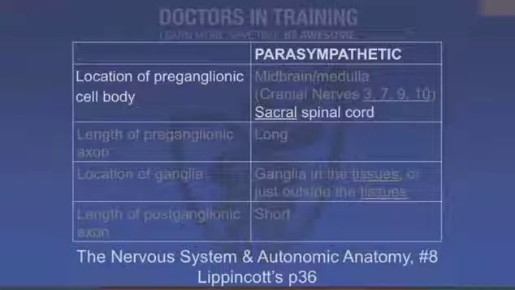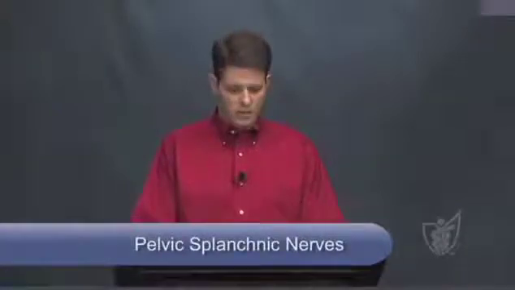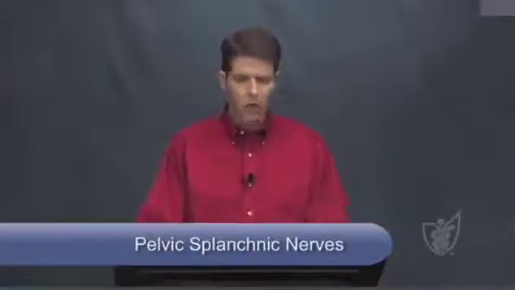Preganglionic parasympathetic neurons also arise from the sacral division of the spinal cord, and these are the pelvic splanchnic nerves. And they innervate the distal colon and the kidneys and the bladder, and also the gonads and the genitalia.